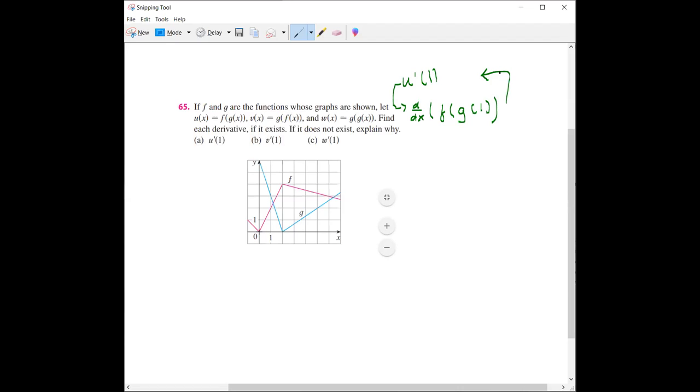So let's think about not the specific case of 1, but rather if I have u prime of x, what would it end up being? It would end up being, again, the derivative of f of g of x. What would this derivative be?